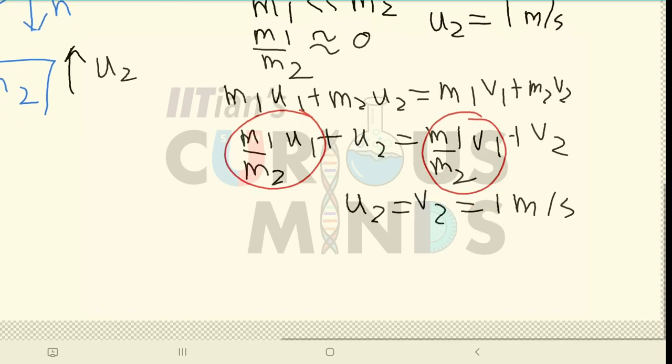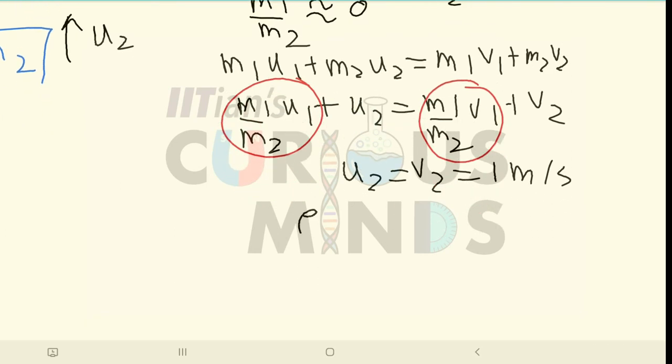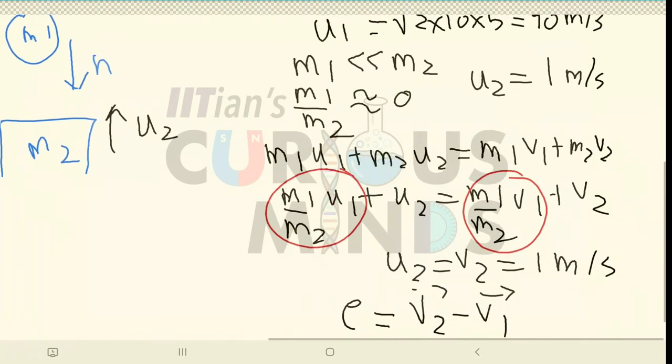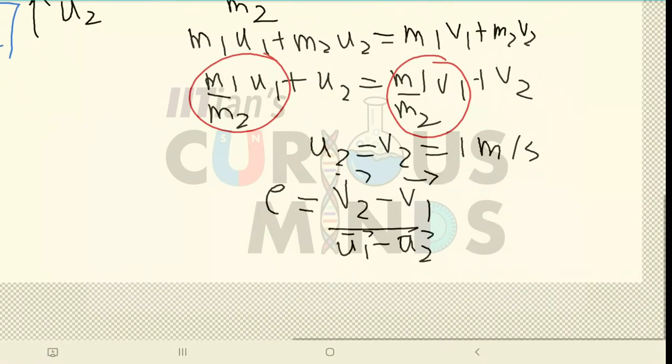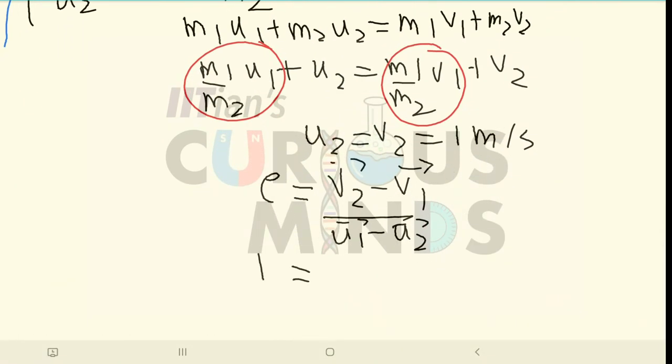Let us substitute the formula of the coefficient of restitution. E is equal to v2 minus v1 divided by u1 minus u2, in vector form. It is given that it is a perfectly elastic collision, so E is equal to 1. The final velocity of the lift is equal to 1. The final velocity of the ball is unknown.